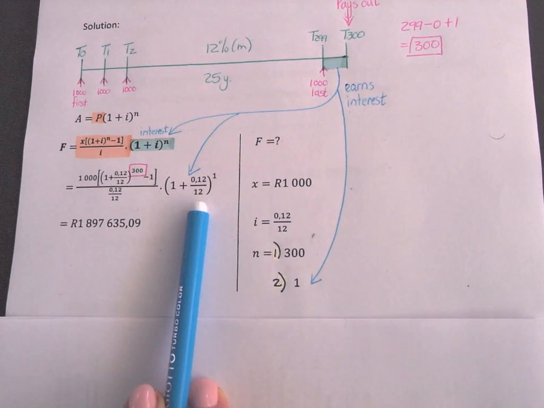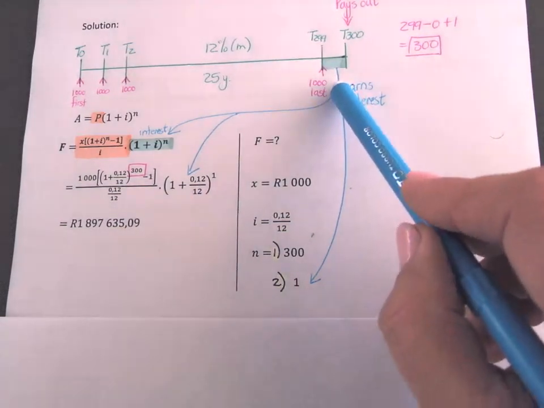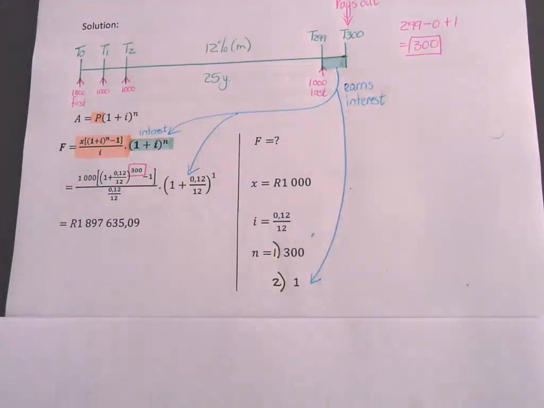But no, since it's compounded monthly, how many months does it lie? If I say it lay there for a year, then it was 1 times 12. But if it's for, for example, 3 months, then you write 3.